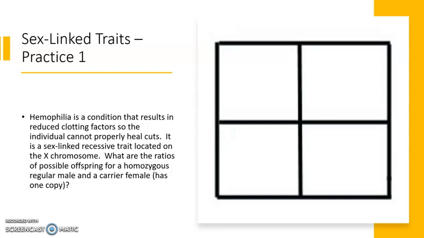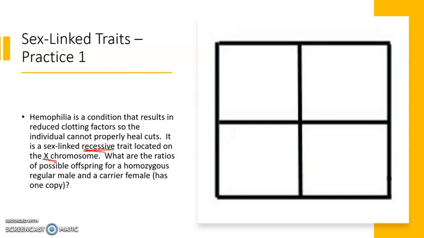It is a recessive trait, so you need to have both copies in order to have hemophilia, to be what we call a hemophiliac. And it's located on the X chromosome, so we need two copies.